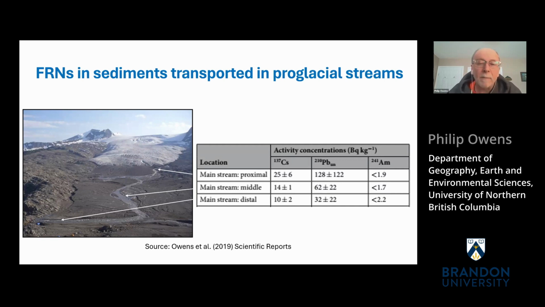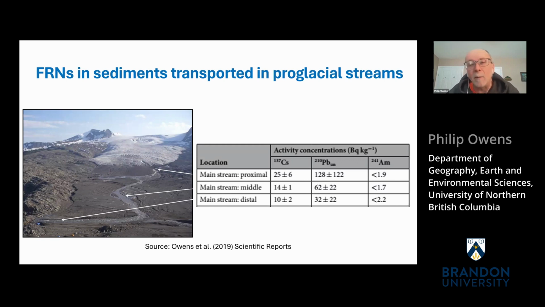So we collected some sediment samples from the river channel at 3 different locations, going away from the snout of this Castle Creek Glacier. You can see arrows indicating roughly where we collected our samples. We've called them proximal, middle, and distal, with the distal one about 1 kilometer or so away from the glacial snout.